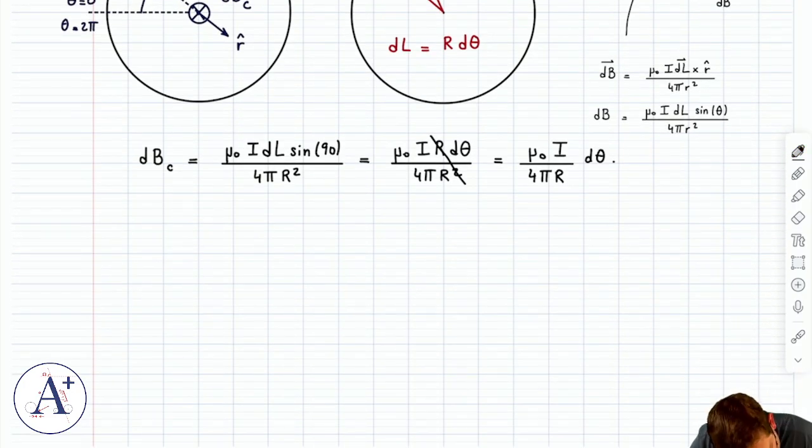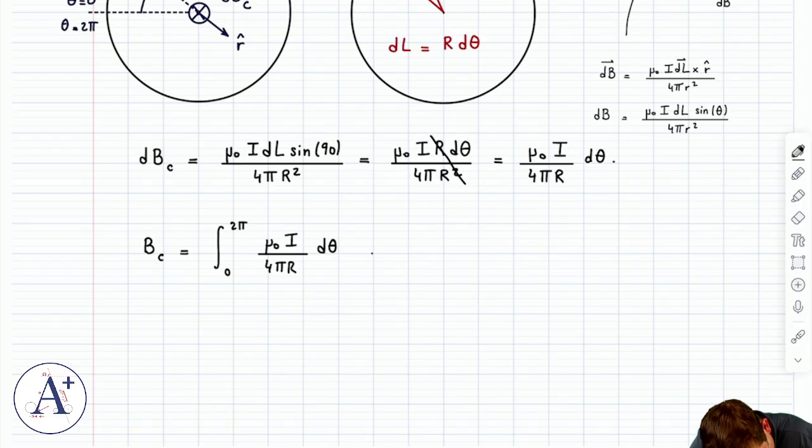Okay, so then B, created by the circle of current, or the ring of current, is going to be the integral from 0 to 2 pi of mu naught I over 4 pi big R d theta.